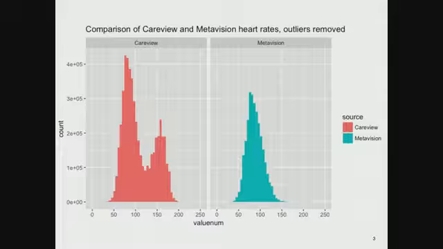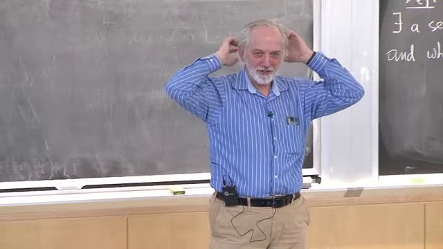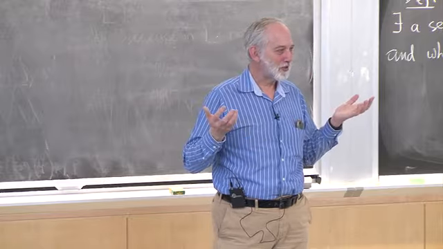So I looked a little closer and asked what the heart rates look like from these two systems. In CareView you see the picture I just showed you, and in Medivision you see this other picture, which looks more like what you would normally expect. I'm sitting there scratching my head, thinking there must be some difference.